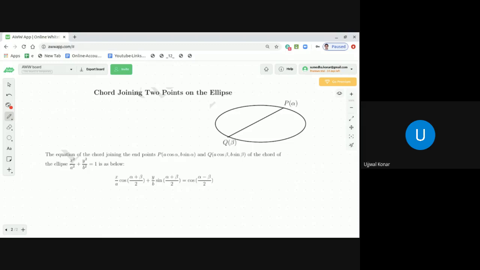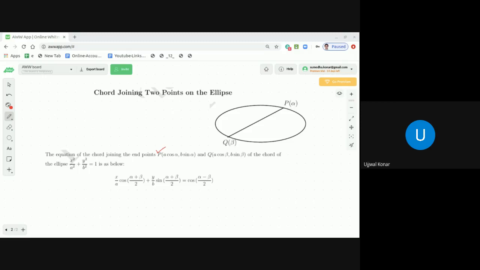The equation of the chord joining the end points P, having coordinates a cos alpha, b sin alpha, and Q, having coordinates a cos beta, b sin beta, of the ellipse x square by a square plus y square by b square equal to 1, is x by a into cos of (alpha plus beta) by 2, plus y by b into sin of (alpha plus beta) by 2, is equal to cos of (alpha minus beta) by 2.